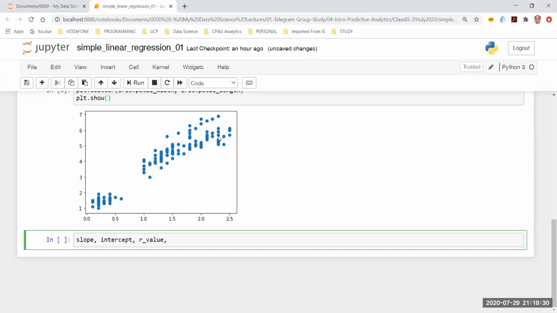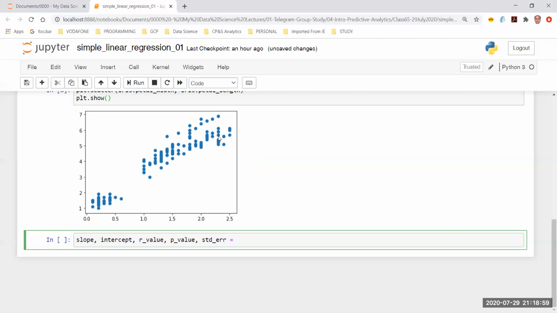It gives me R, it takes a square root, and then it gives the P value. The fifth value it gives is the standard error. The standard error is actually that epsilon terminology, that epsilon that I was drawing, right? h of theta x is equal to theta 0 plus theta 1 x plus epsilon. So that error term, which I was not able to calculate, it somehow estimated.